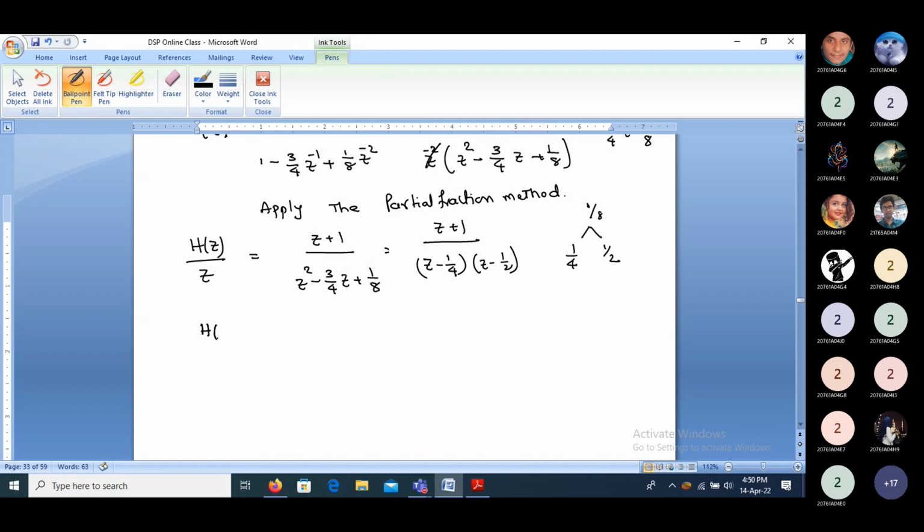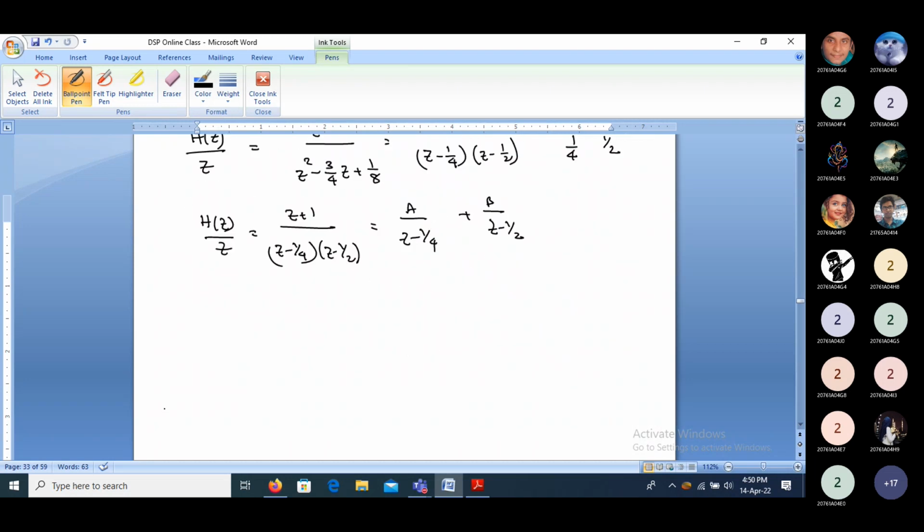So apply the partial fractions method here. H(z) by z is equal to z plus 1 divided by z minus 1/4 into z minus 1/2, equal to A by z minus 1/4 plus B by z minus 1/2. Now calculate the A value, using the residue method.